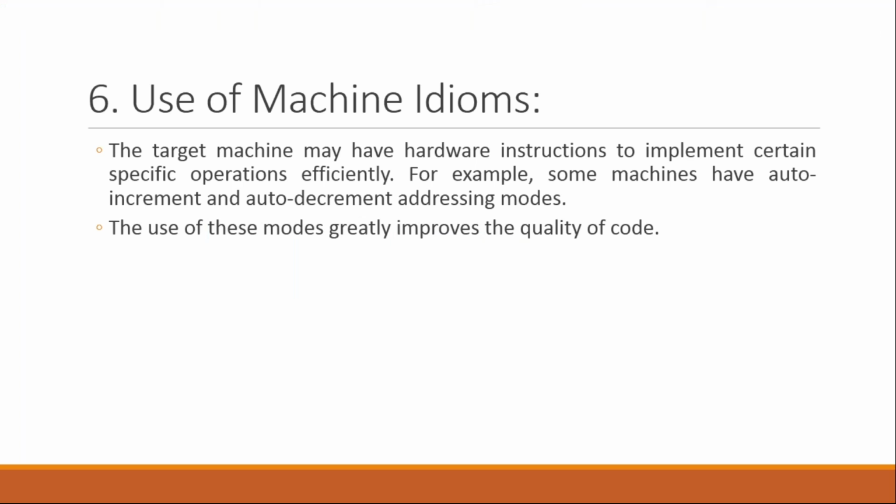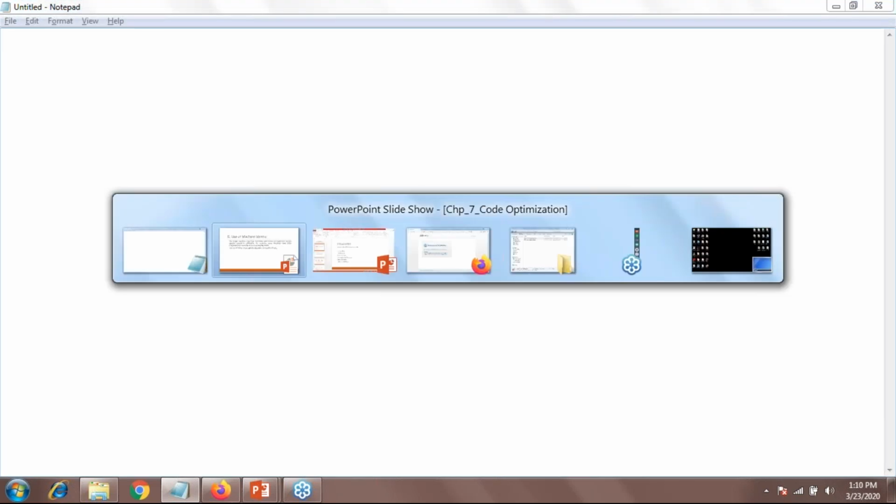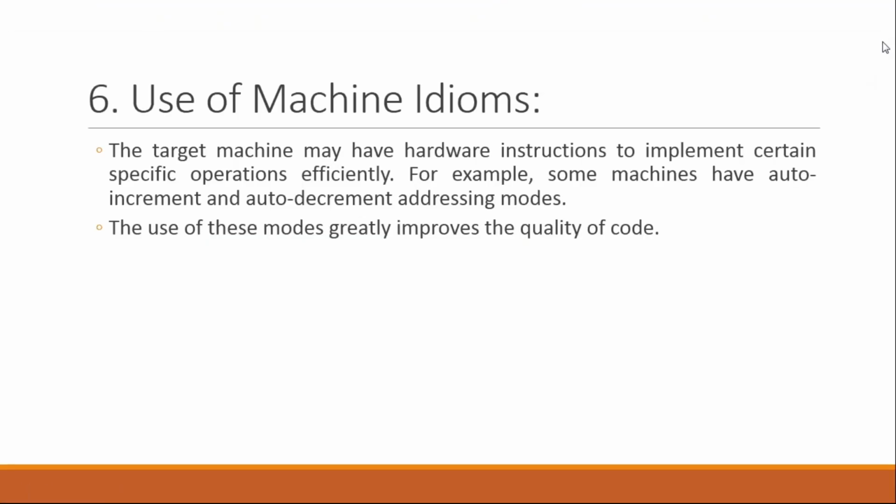No need to increment or decrement by one, because the machine knows that once you complete the first sentence, it will automatically increment by one. So you just use machine items, which are ready to use. The use of these modes greatly improves the quality of code. Lines of code may decrease, and efficiency may increase, both in time and space. Am I clear with the machine items characteristic?